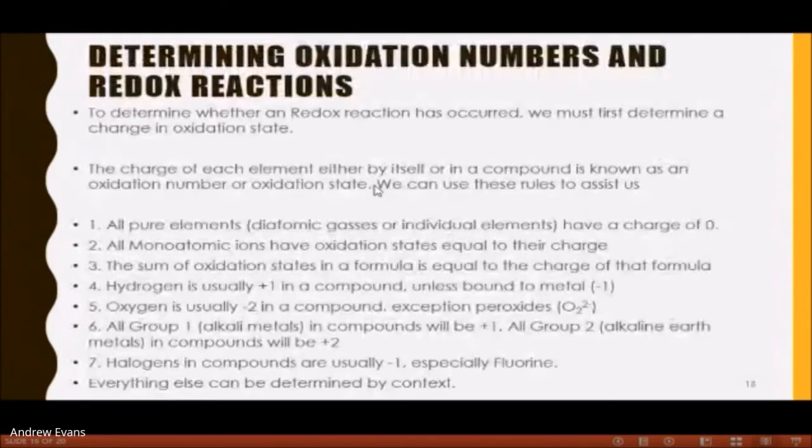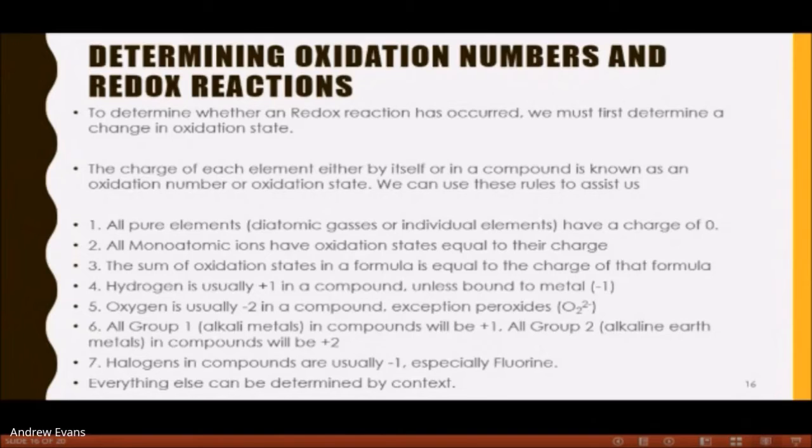Now, all group 1 metals in a compound are +1. All group 2 metals in a compound are +2. That's something we've learned a while ago. Group 1 and group 2: they have how many valence electrons? 1. Group 2 metals have how many valence electrons? 2. Where do they want to go? They want to get to either 0 or 8.